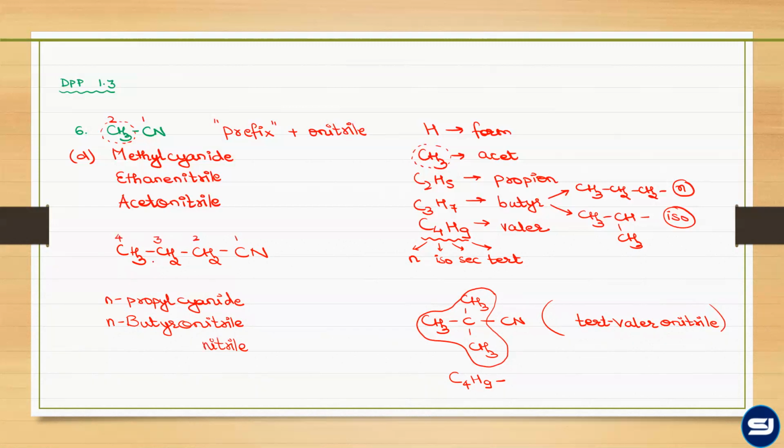That's why we have to include the carbon in the parent chain. Just look at the name. When you write N-propyl cyanide, the cyanide includes this carbon of the functional group. But when in IUPAC you write nitrile, it does not contain the carbon of the functional group, and that is why the parent is of 4 carbon atoms.